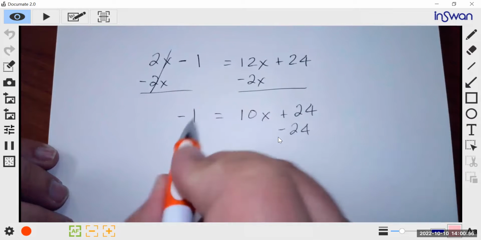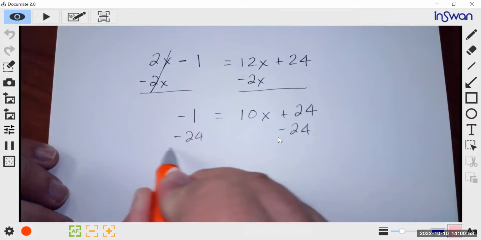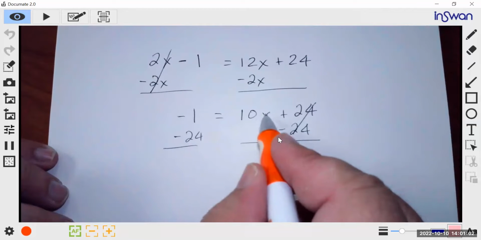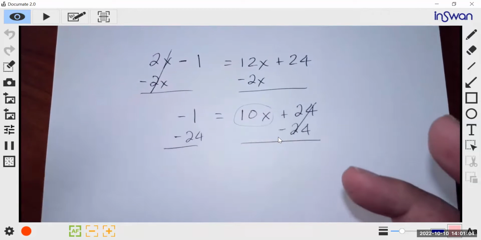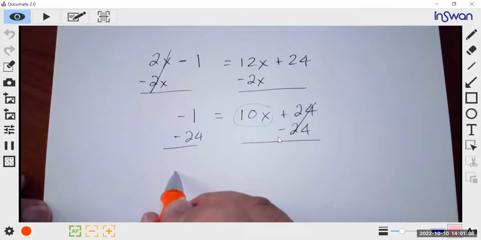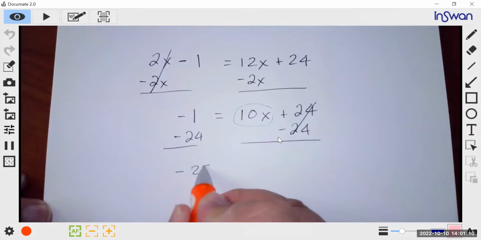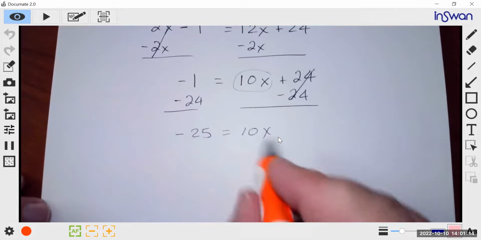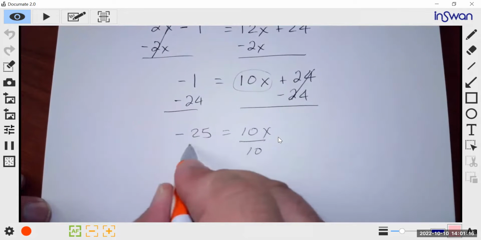Subtract 24 from both sides. Well, x is the important one. Once the x is by itself, then we move everything else over. So they're both negative, so it's -25. Divide by 10.